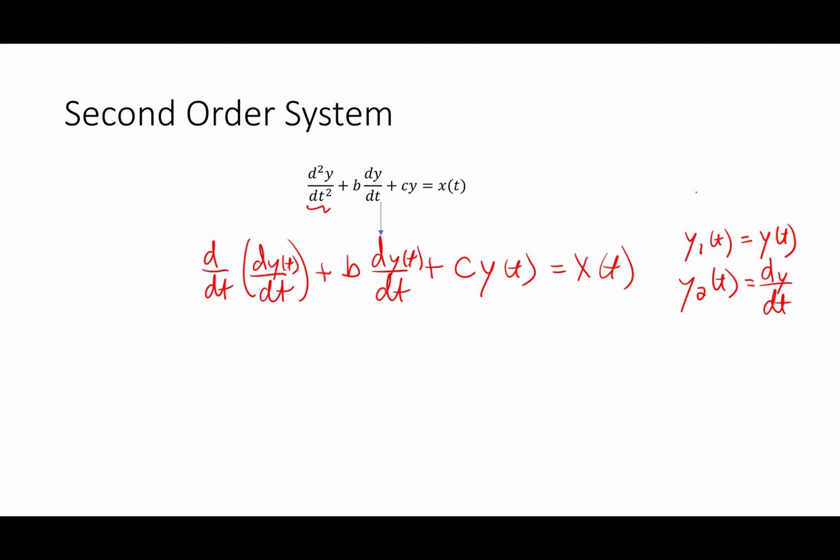I'm just going to define these two things: let y1 equal y and y2 equal the first derivative of y. So how do I use that here? How can I write this equation right here using that?